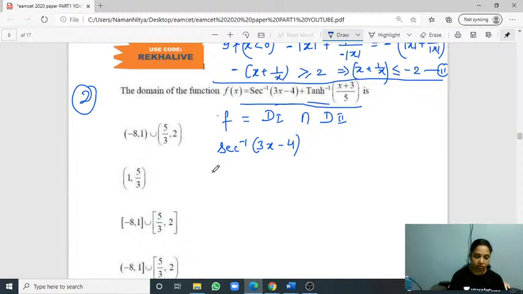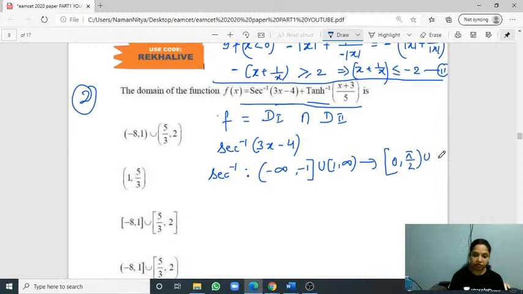Just try to recall that secant inverse function is always defined from minus infinity comma minus 1 union 1 comma infinity to 0 comma pi by 2 union, here open interval at pi by 2.